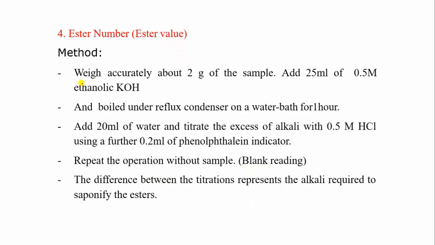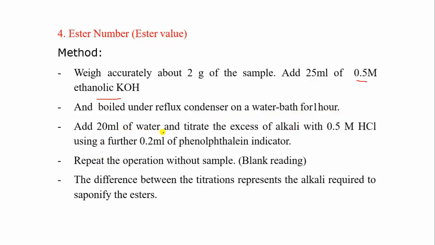This is the method how we can measure the ester value. Weigh accurately about 2 gram of sample, meaning oil sample. Add 25 ml of 0.5 molar ethanolic KOH and boil under a reflux condenser on a water bath for 1 hour.